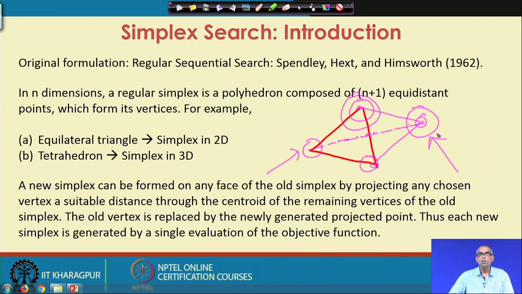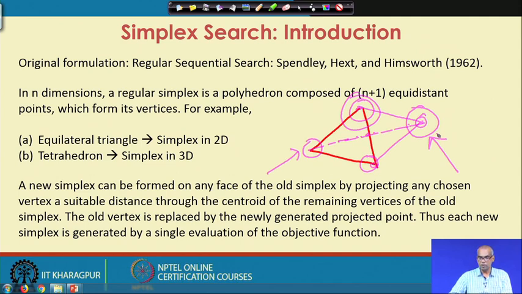So, the philosophy that is used is that if I have a 2-dimensional function, I will get a 2-dimensional simplex. So, I will have 3 vertices. I will evaluate the function values at each of these 3 vertices and look at the worst point. Project that vertex a suitable distance to the centroid of the remaining 2 and get a new projected point.